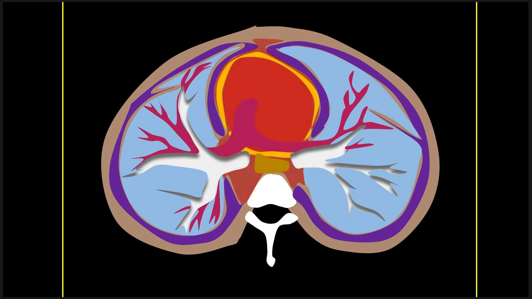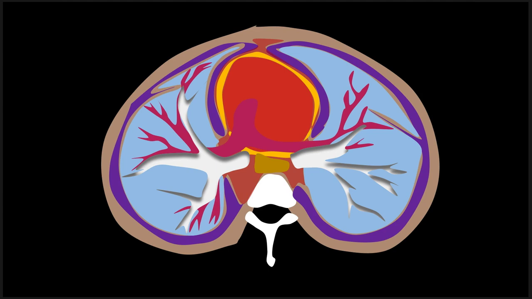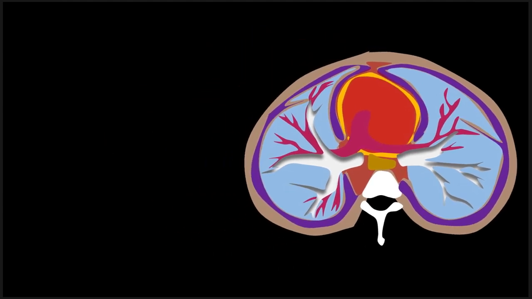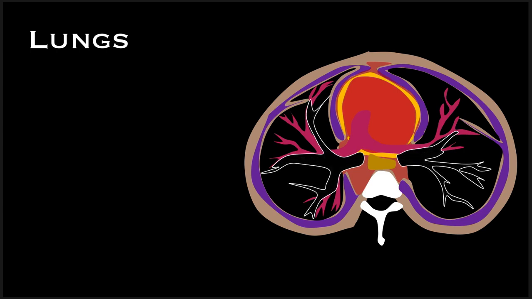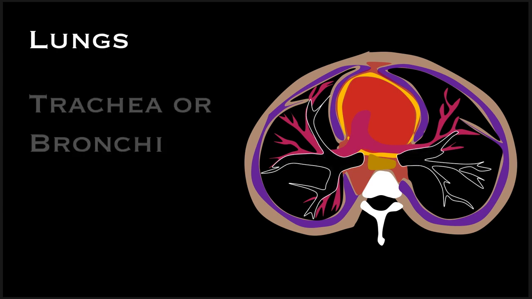Now what I want you to think about is all the different possible locations that air can originate from. There's about 4 of them here. So let's take a look. We'll pull this over to the side and we'll count them out. Alright, so the first one's obvious, right? That's the lungs. Alright, the next one is going to be where the air gets into the lungs, the trachea and the bronchi.